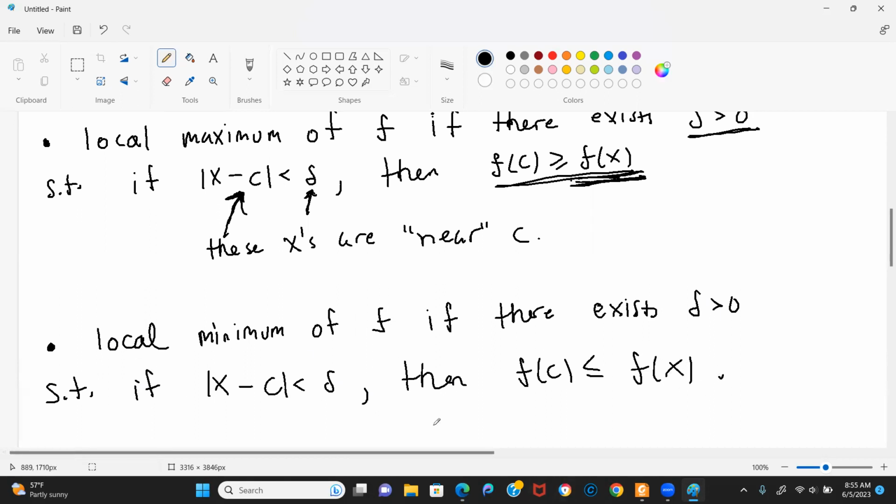So this is equivalent to the definition stated in the book. Maybe it's pretty obvious, maybe it's not. So take some time to ponder why those are basically the same definitions.